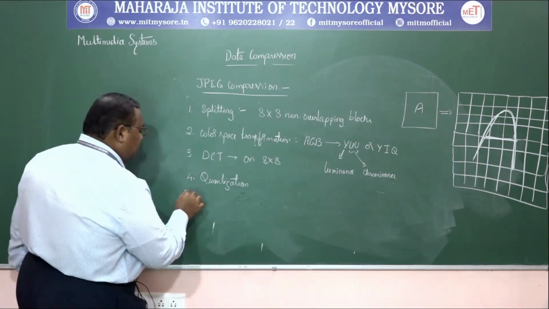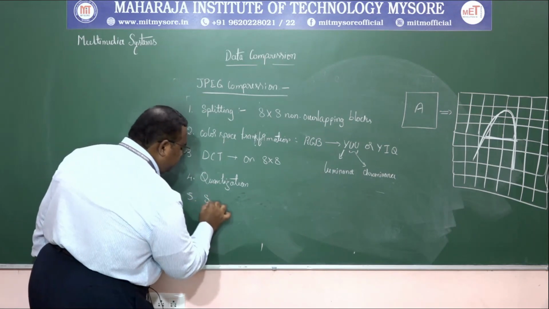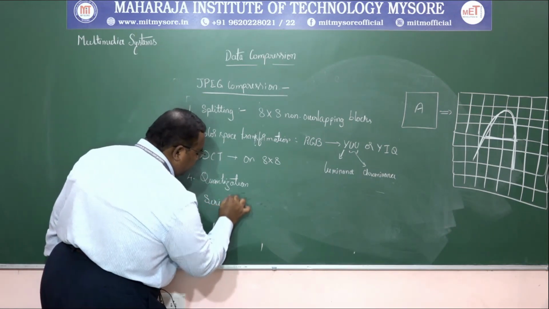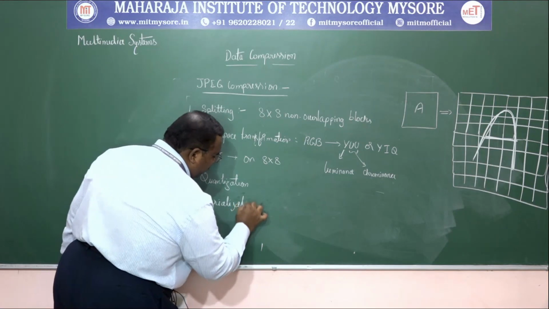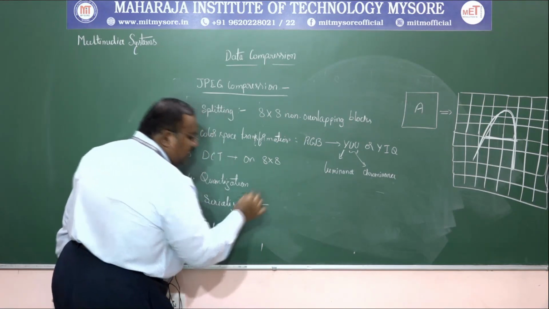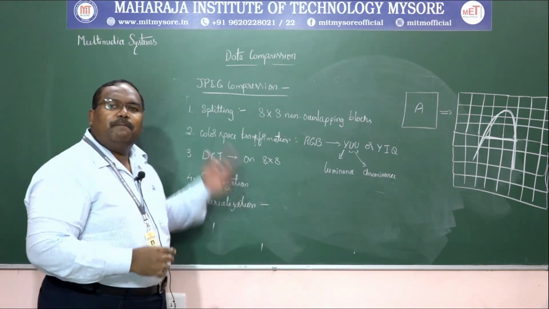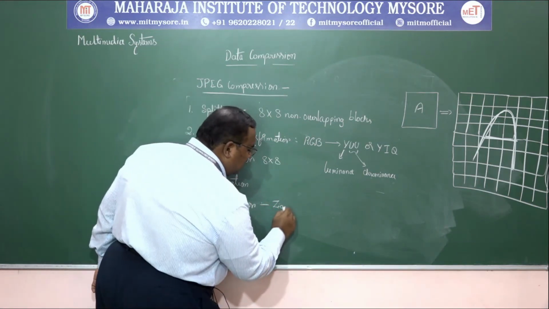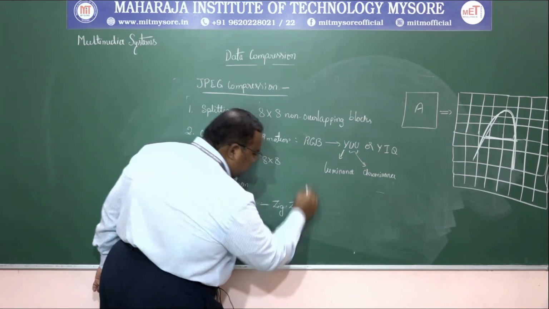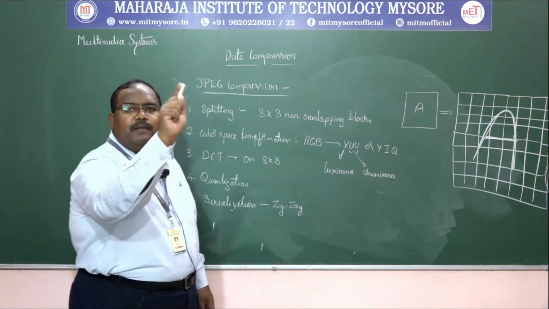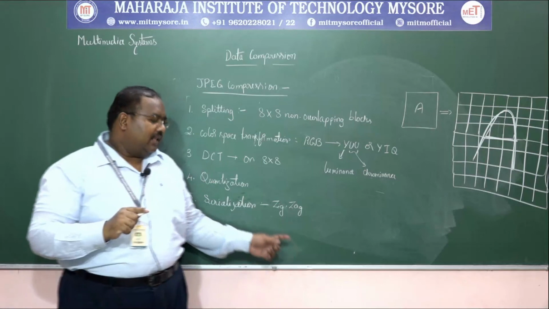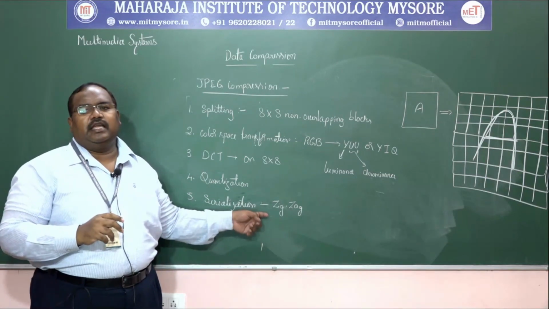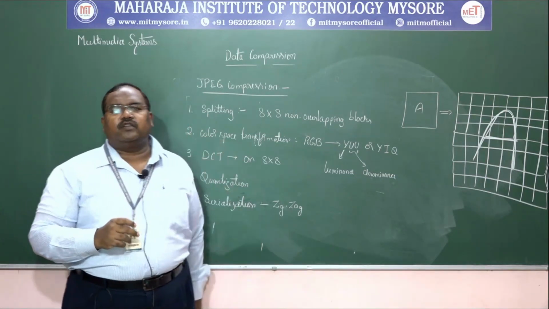And the fifth one is serialization. Here the interesting step of JPEG is done, that is zigzag scanning. You might have seen zigzag kind of scanning with respect to JPEG. That kind of scanning is done here on the components of the image.